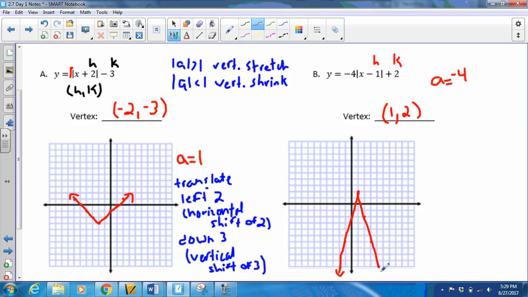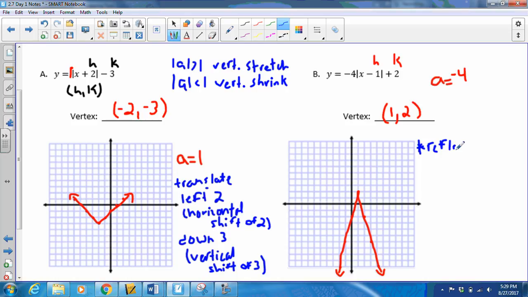There we go. Okay, so now that we've done the first 2 parts, now we have to write our transformations. So here, let's list our first one. So now we have to see if we flipped our function, meaning is our function facing down? Well, as we can see, it is. So that means we had what is called a reflection. Now make sure if you ever have a reflection, write that first, okay?